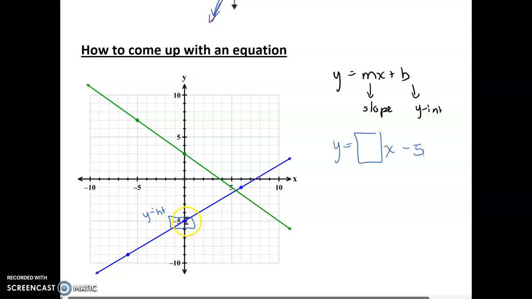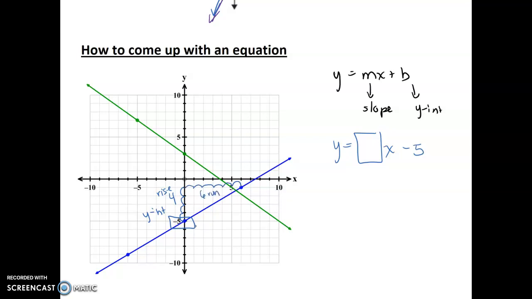I can look at the graph, and I need to find 2 points that are on the crosshairs of the grid to count my slope. From this point to this point, how do I get there? I go 1, 2, 3, 4 up, which is my rise. Then I go 1, 2, 3, 4, 5, 6, which is my run.